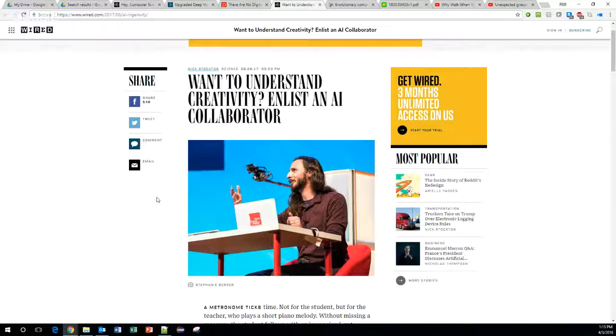The way he's teaching the computer is by playing a little bit of Bach and then having the computer attempt to create what comes next. What should be the next few notes after this, and then giving the computer feedback on how well those notes meet the criteria.